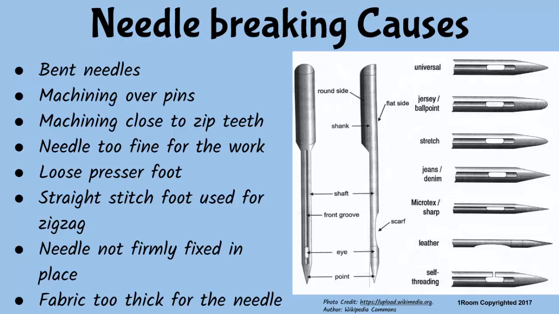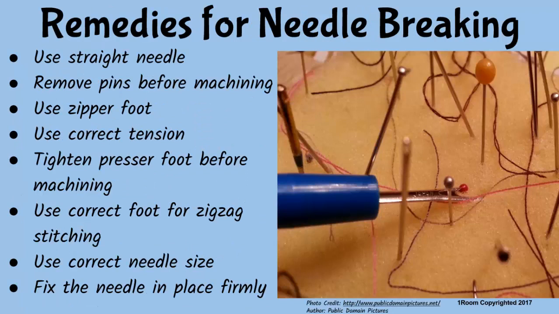And in that case, the remedy would be using straight needles, removing pins from the work before stitching, and fixing the needle firmly in place before stitching. I couldn't agree more. Plus, using the correct foot for zigzag stitching as well as correct needle size should help avoid needles breaking.